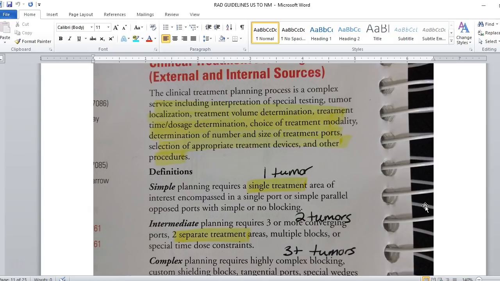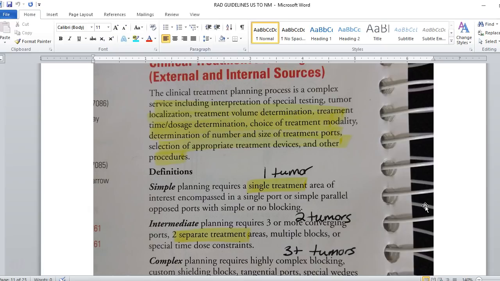How often are they going to come in, and what's the dosage going to be when they come in? The choice of treatment modality. This is going to depend on the radiation oncologist and the cancer the patient has. Certain radiations work better with certain cancers. Okay, it also includes a determination of number of sizes of treatment ports and selection of appropriate treatment devices and other procedures.